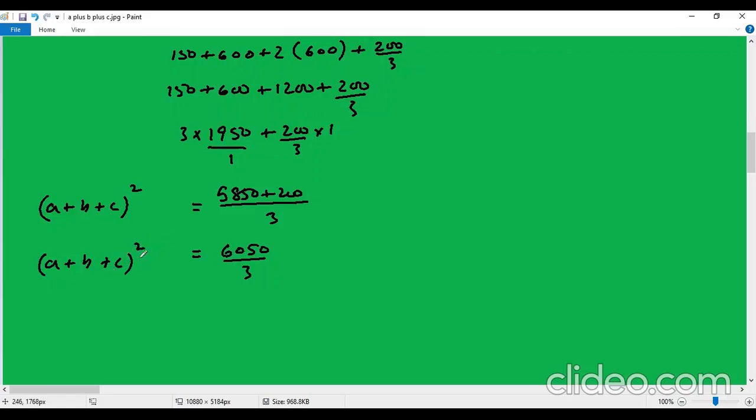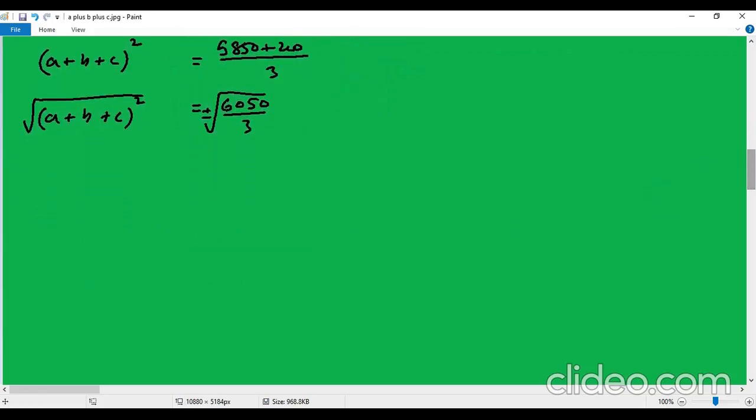To cancel this square sign, we know very well taking the root of both the sides is going to be something like this. So once we take the root of both the sides, this is the value of A plus B plus C. Now on this side, I can write under root 6050 divided by under root 3.